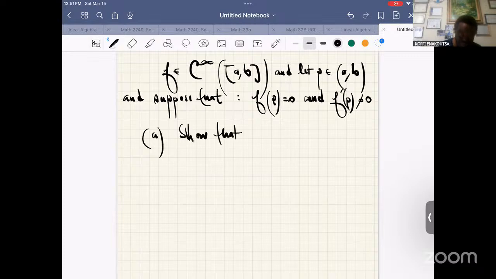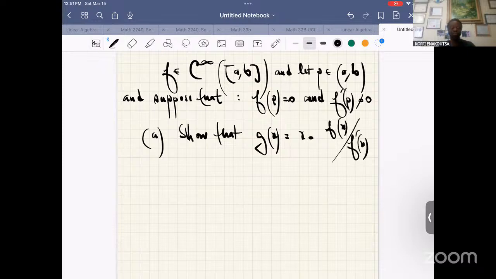So why don't we show that g of x equals x, like this, has a fixed point at x equal p. So that one is easy, right?